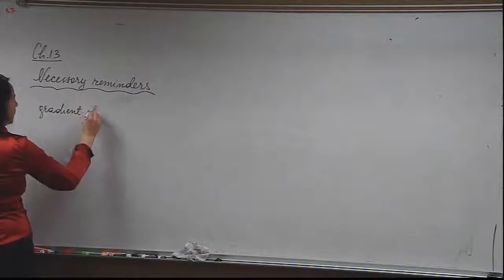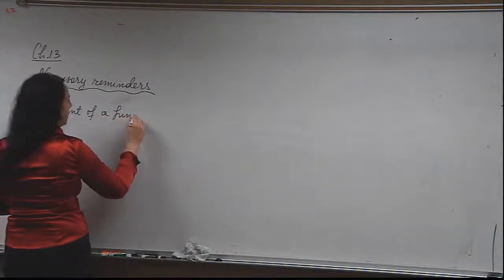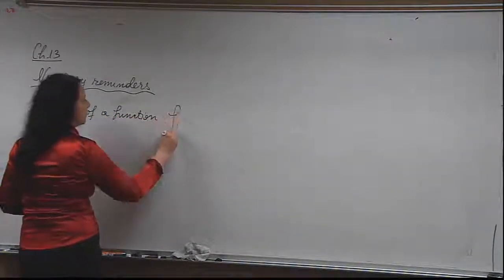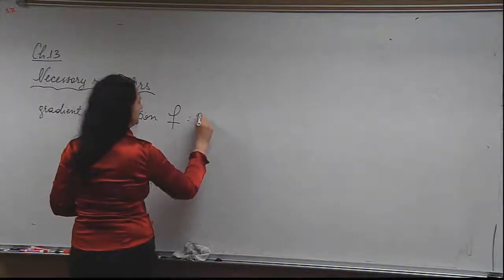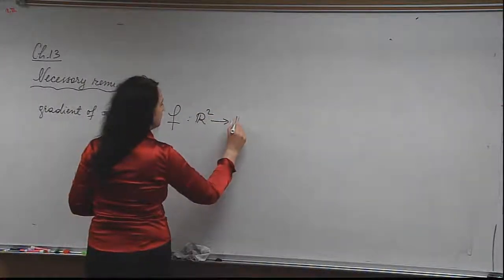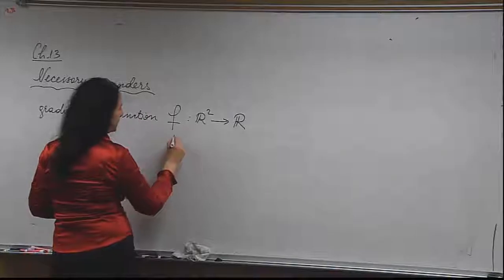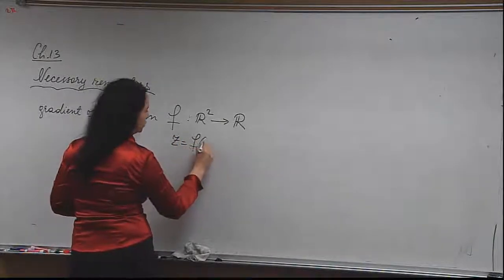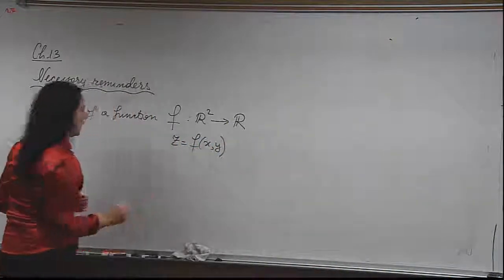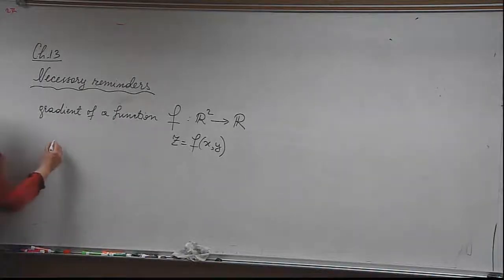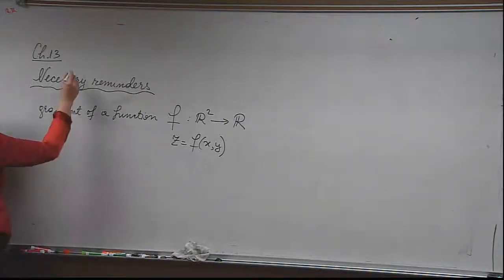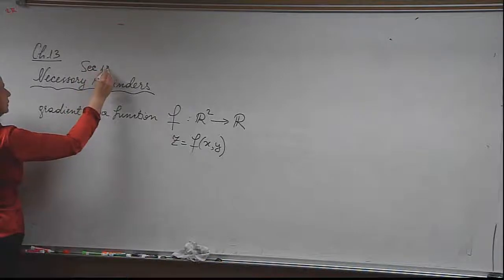Gradient of the function f from R2 to R. We write that as z equals f of x and y usually. And what was the gradient? And this is good review for the midterm as well, but that's the beginning of section 13.1.